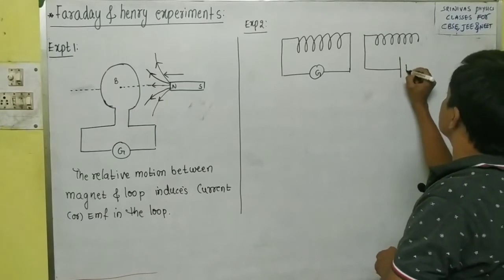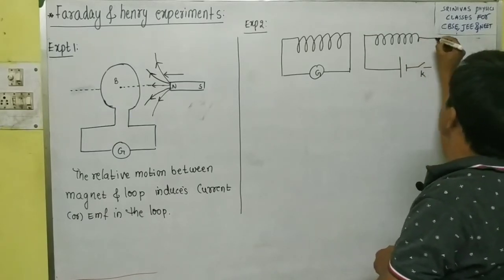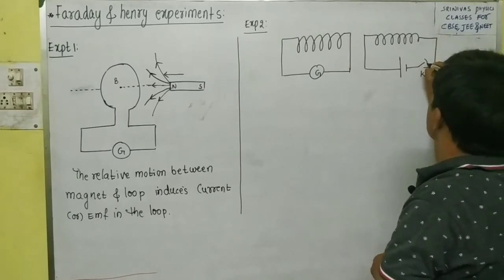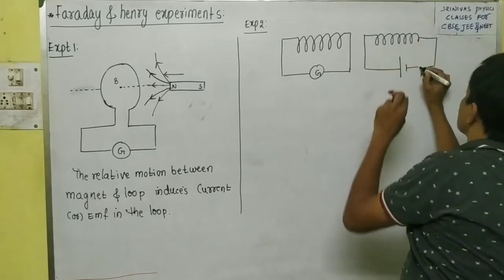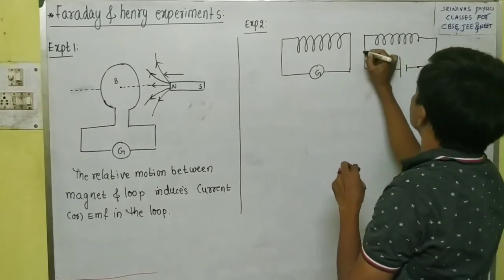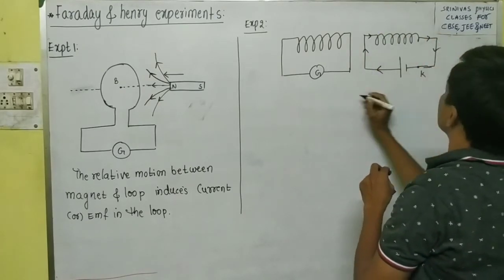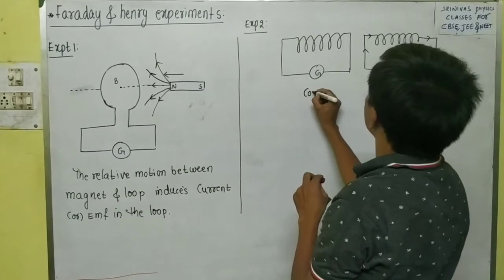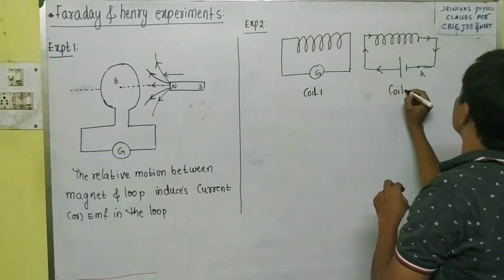This has a battery with a plug key. And this plug key is closed. Then some current passes through it. And this is coil 1, and this is coil 2.